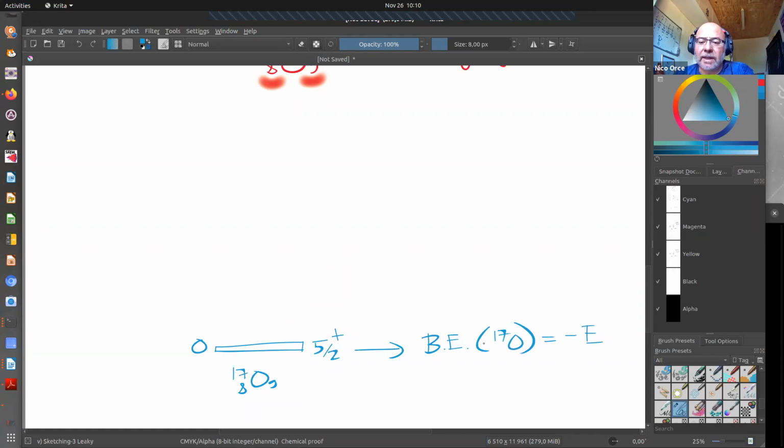So you need to calculate the binding energy of oxygen 17 to know the energy of this level, of the ground state. So this is the ground state, right? But you must know that we just call it 0 because we refer everything with respect to the ground state.